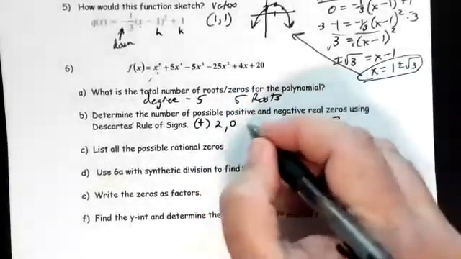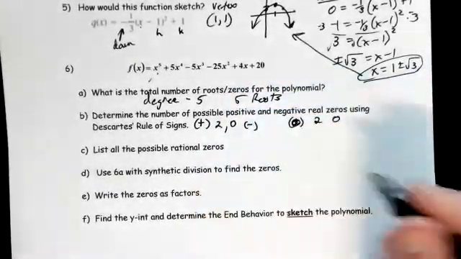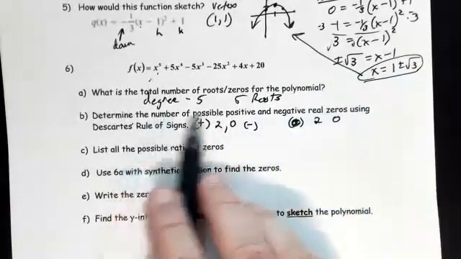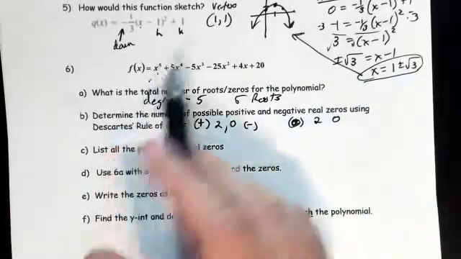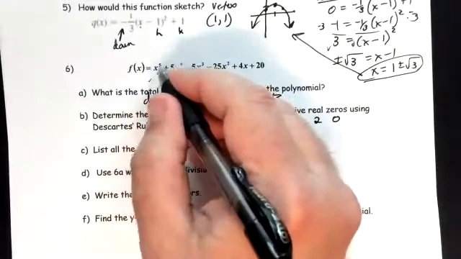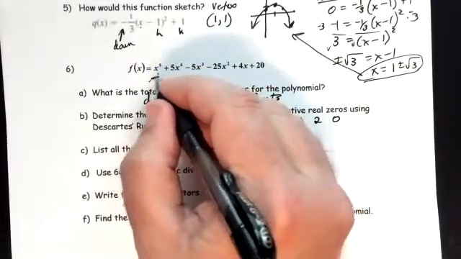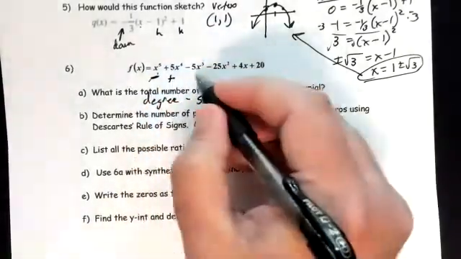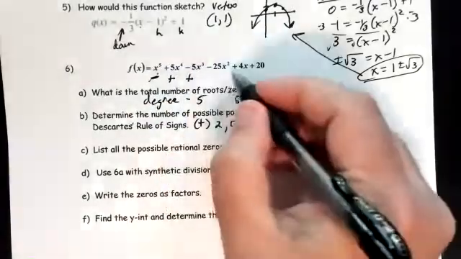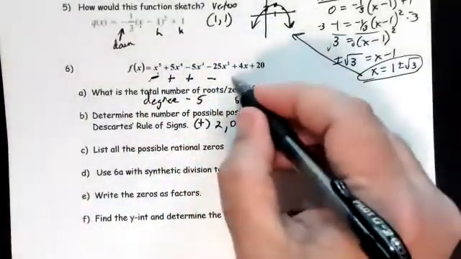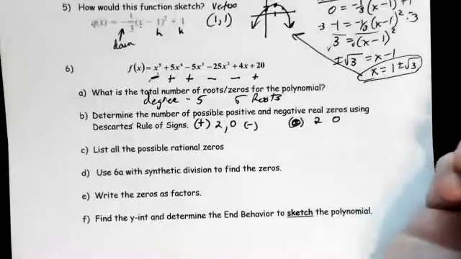And then negative, okay, we're going to plug in and only change signs that are odd exponents. So this one would change. This one stays the same. This would change. This one stays the same. That one changes, and that one stays the same.